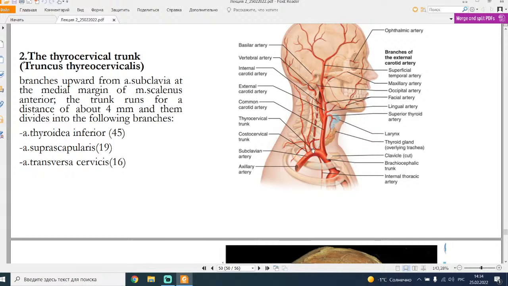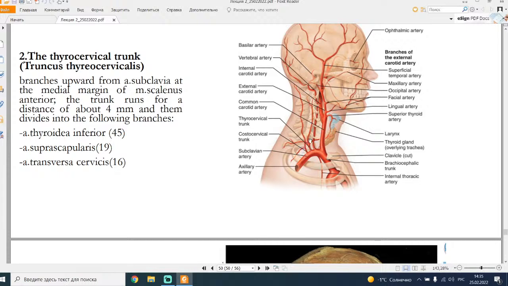The trunk runs for a distance of 4 mm, then divides into the following branches: arteria thyroidea inferior, arteria suprascapularis, and arteria transversa cervicis.